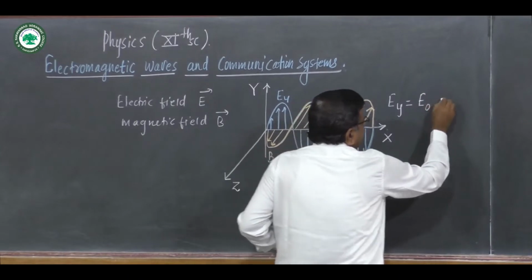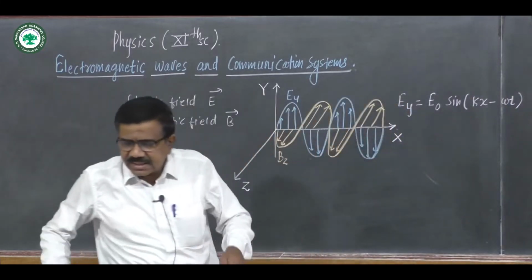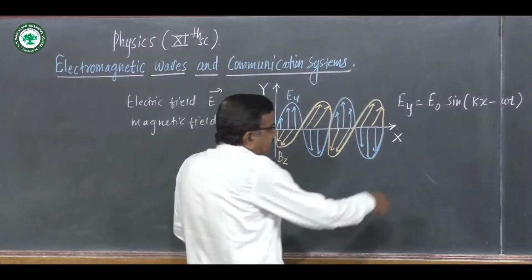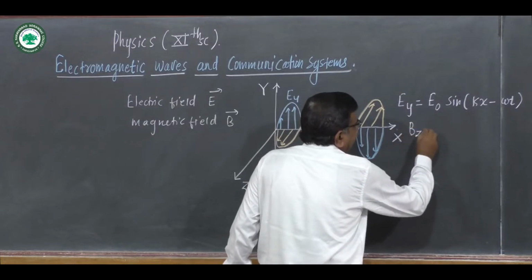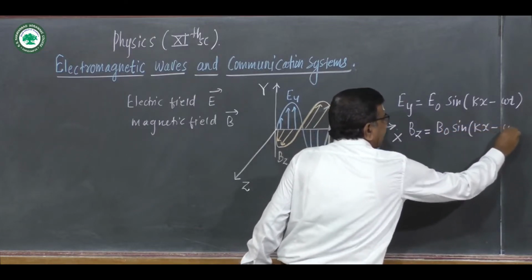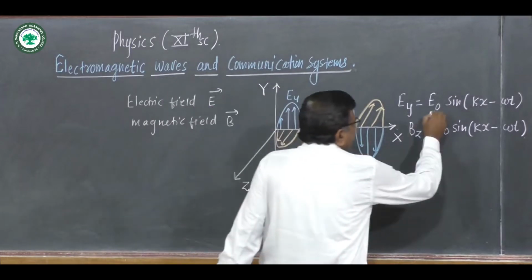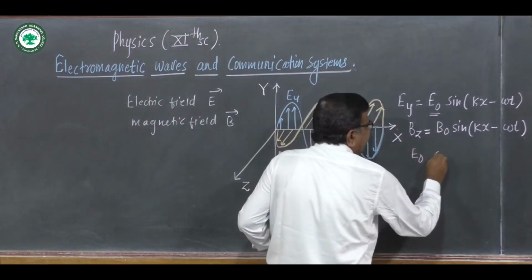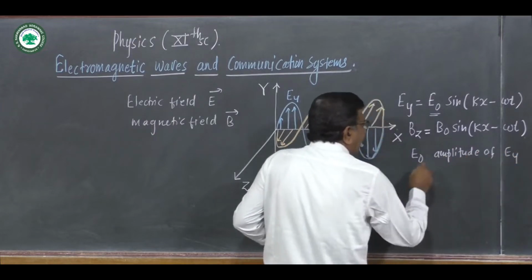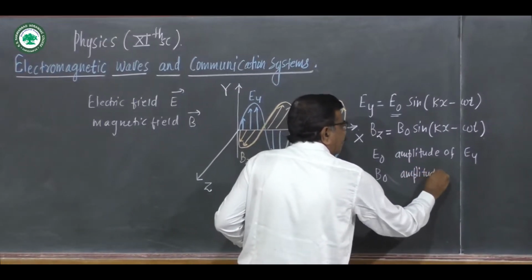The electric field vector is represented by EY equals E0 sine (kx minus omega t), and the magnetic field is represented by the equation BZ equals B0 sine (kx minus omega t), where E0 is the amplitude of the electric field vector, the amplitude of EY, and B0 is the amplitude of the magnetic field, the amplitude of BZ.